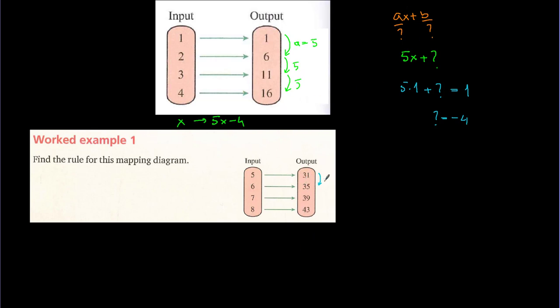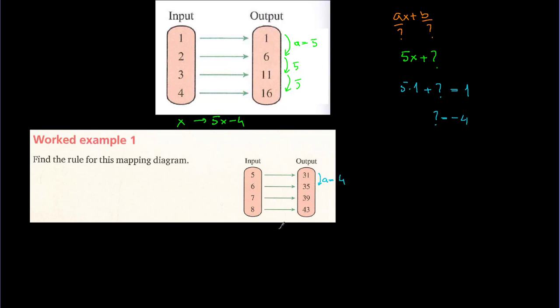So as I said, this is going to be the a value if this continues like this, 5, 6, 7, 8. So the a value is going to be equal to, from 31 to 35, 4.